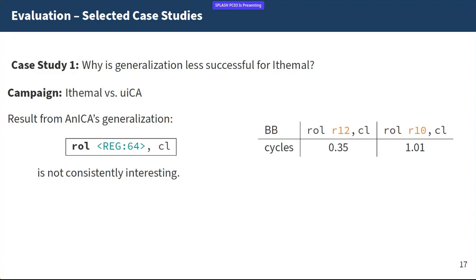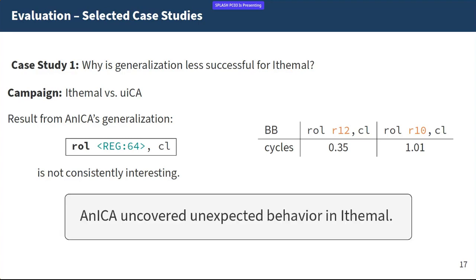Because if we look into what Ithemal here predicts for slightly different instructions, where you change simply the register that is the operand of the rotate instruction, you can see that suddenly 3 times the throughput is achieved according to Ithemal, which we most certainly found surprising, because you would expect this to not change anything at all, which also the other tools and the benchmarking say. So I would argue that AnICA here discovered quite the unexpected behavior in Ithemal, which is insightful, even though the generalization results were not that strong.